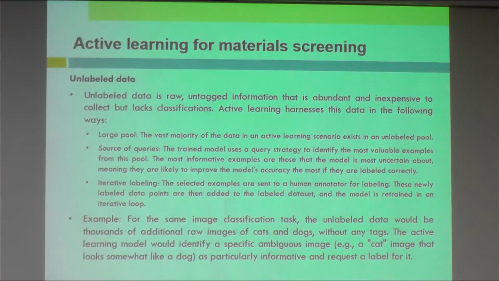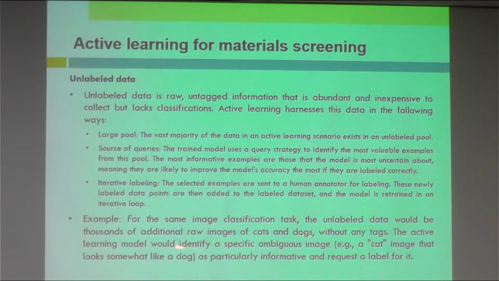So the correct label is very important in order to predict the right property of the material that you're going to develop. For example, for the same image classification task, the unlabeled data would be thousands of additional raw images of cats and dogs without any text as to whether it's a cat or dog.